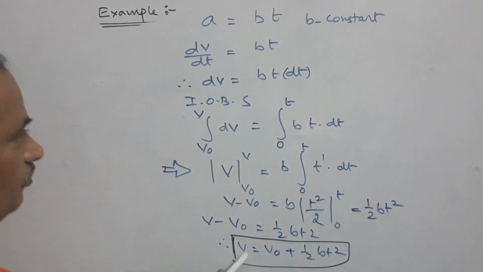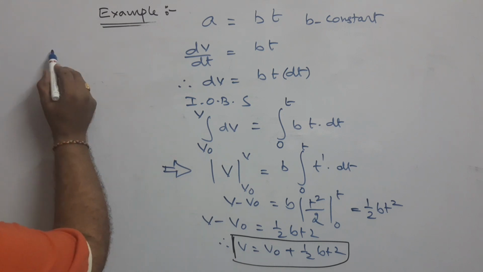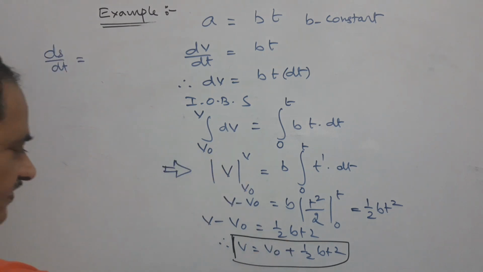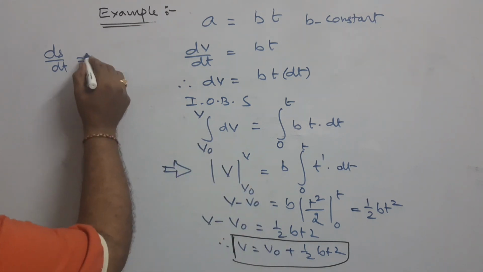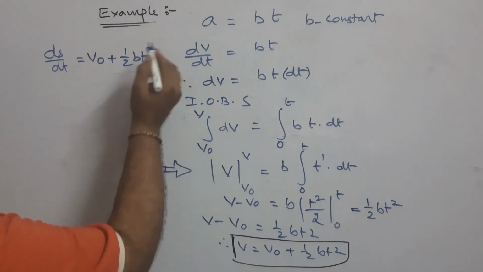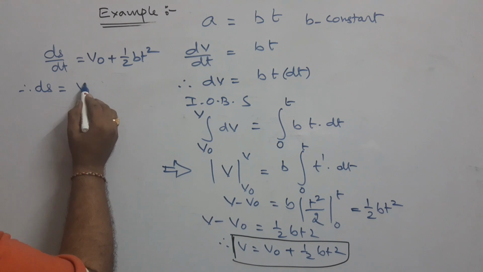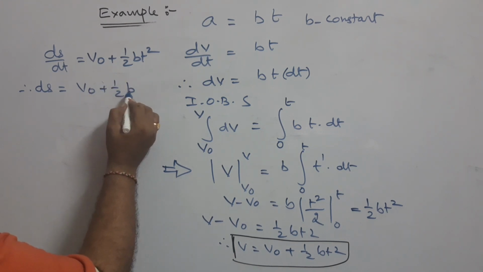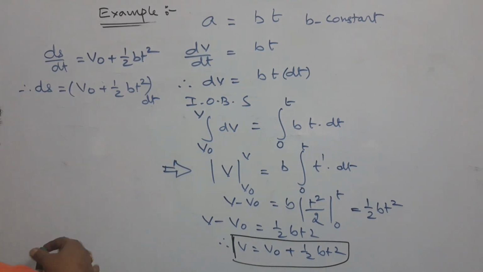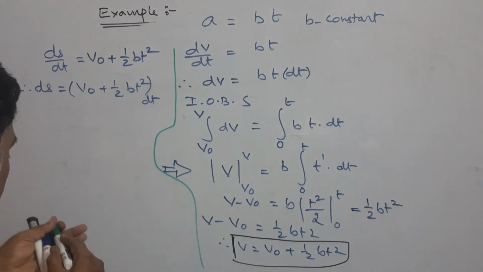Now if you want to take v, once again v is nothing but ds by dt, that is equal to v0 plus half bt square. Now ds can be written as v0 plus half bt square, times dt. Once again you can go for the integration process.